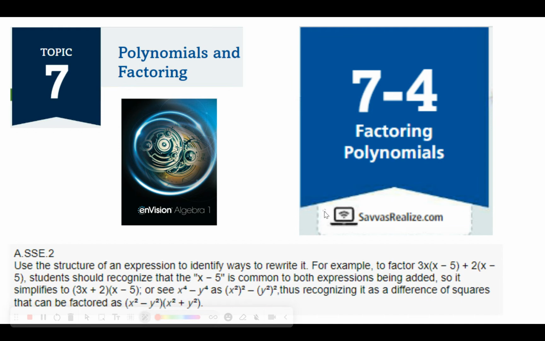So we, thus far, have done adding polynomials. We've done subtracting, we've done multiplying, and now we're going to do what is called factoring. Factoring is like division.